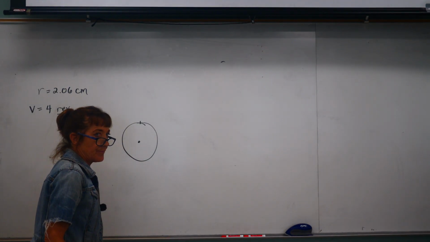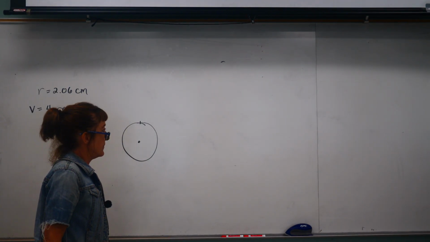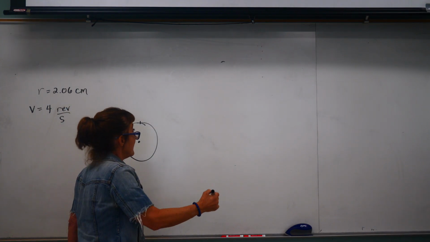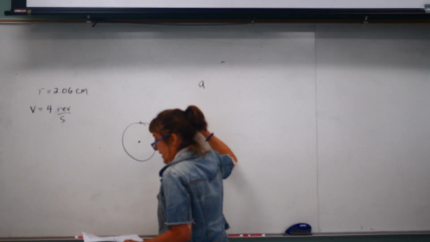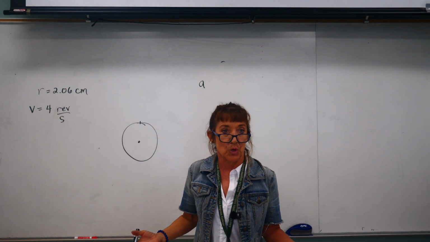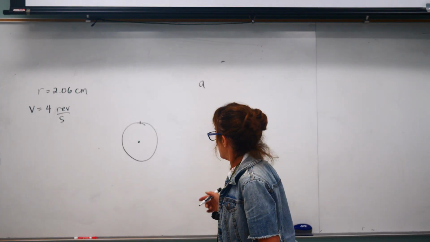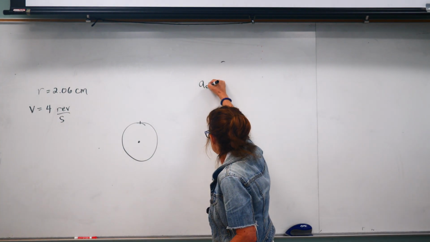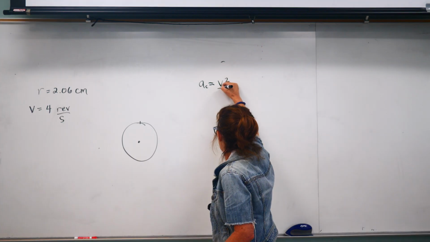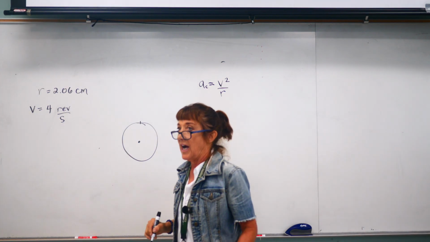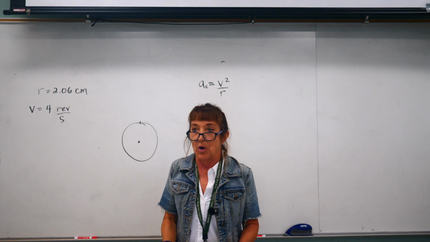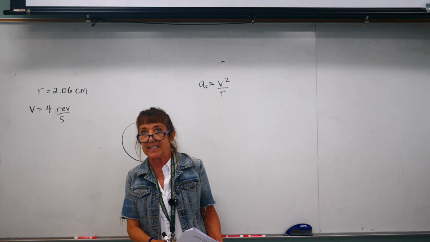So I have a particle going around 4 times per second. Acceleration, it's uniform motion, so it's simply centripetal, v squared over r. I know it's going at 4 revolutions per second.